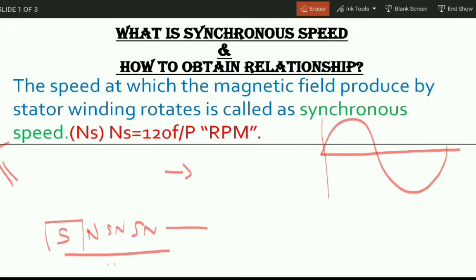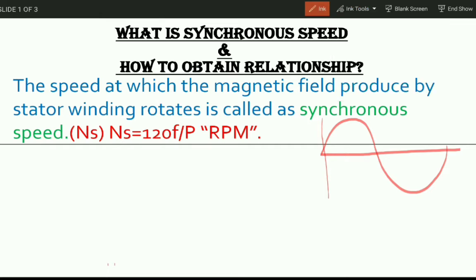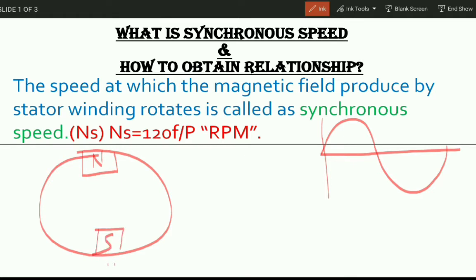Let us consider only two poles again, N and S. When it keeps changing, this is one complete revolution, and the time taken is T. For the first half cycle, this north shifts to this place.